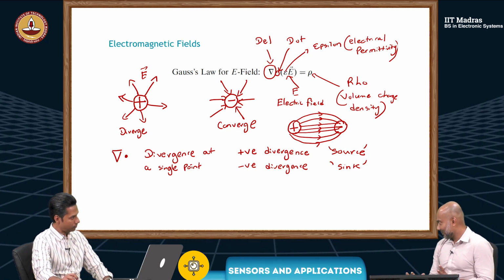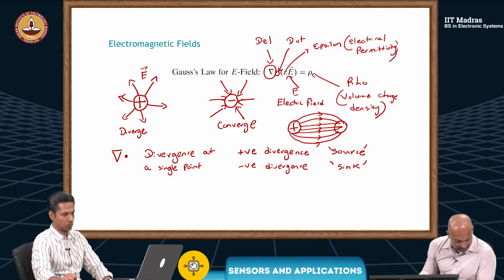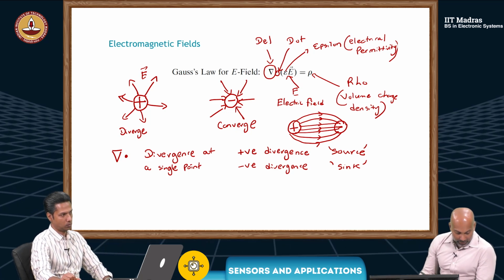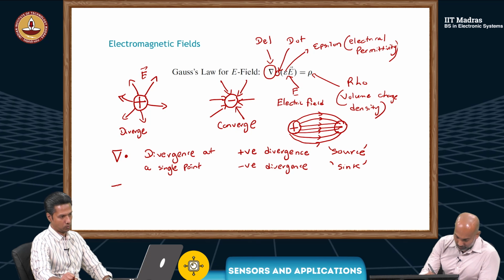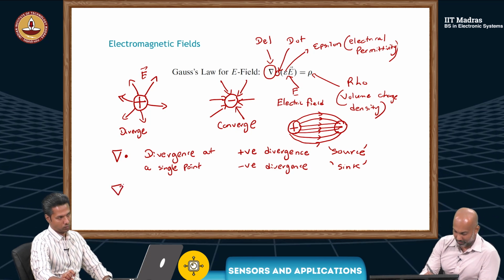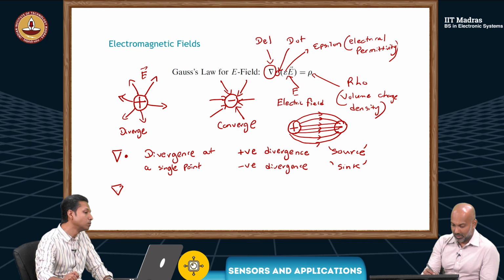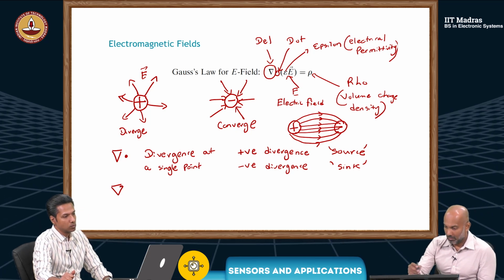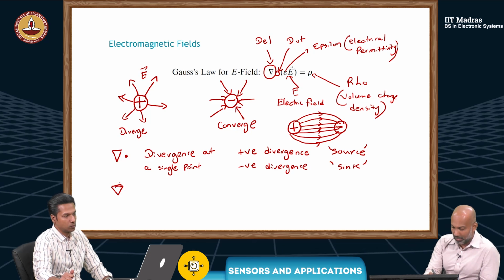So far, so good. I think we can all understand what it means. But if you look at divergence, then this nabla character. We call it del, but the symbol is called nabla.